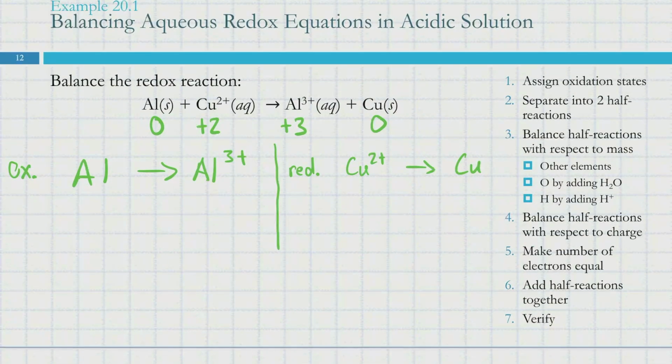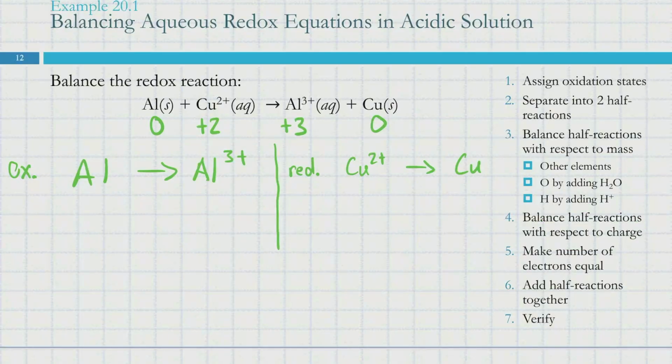And then in a lot of other problems, we would balance these with respect to mass. We've got 1 copper on each side, 1 aluminum on each side, so we're already balanced. We don't have any oxygens, we don't have any hydrogens, so we can skip to balancing the half reactions with respect to charge.